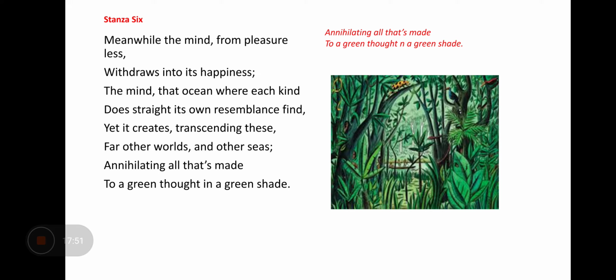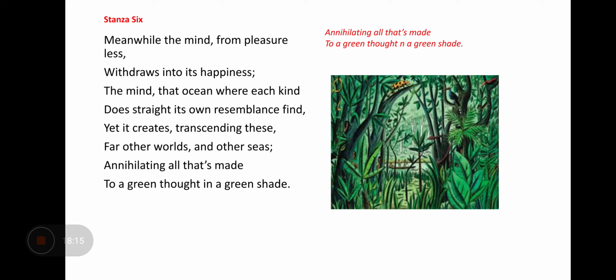So what the poet wants to say is that my body remains on the grass, but my mind withdraws itself from the body because it is not interested in the lesser or inferior pleasures offered by the fruits. My mind seeks happiness of a different kind which originates from the mind itself.